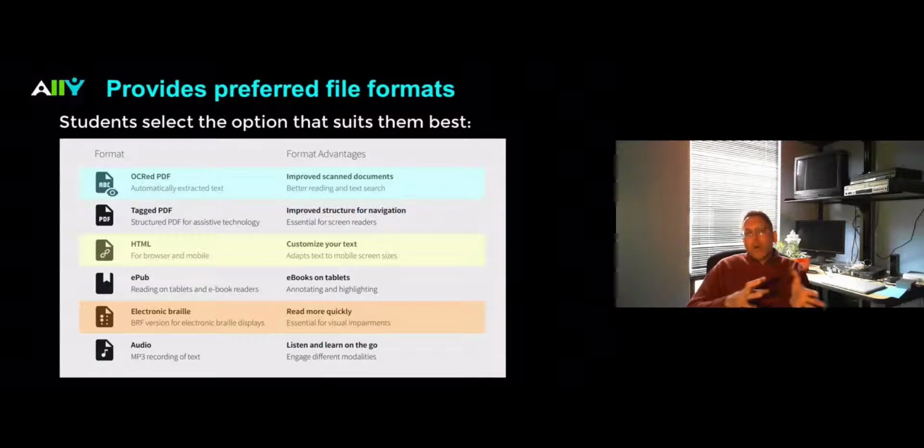So Ally will automatically provide a version that's mobile friendly. So that helps everyone. And the other things it will do, it will also make EPUBs so people looking at it on a tablet can view it better, electronic braille, and it will even create an audio version of your file, which is really cool because you may have students that are visually impaired that will be able to listen to it, but you may also have students that have a long commute and they may be able to play this in their car while they're commuting, so it really helps everyone.